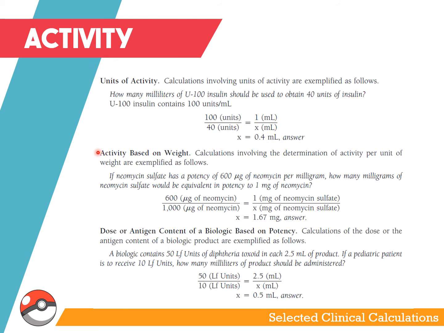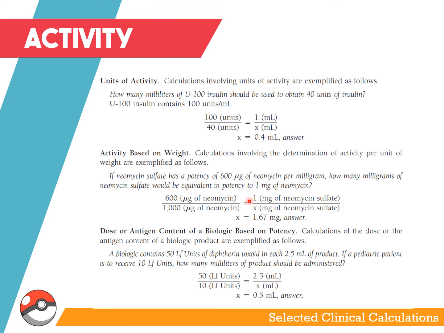Next, activity based on weight. So example, if neomycin sulfate has a potency of 600 micrograms of neomycin per milligram, how many milligrams of neomycin sulfate would be equivalent in potency to 1 milligram of neomycin? Okay, so the given states that neomycin sulfate has a potency of 600 micrograms per milligram. So it is written here, 600 micrograms per 1 milligram.